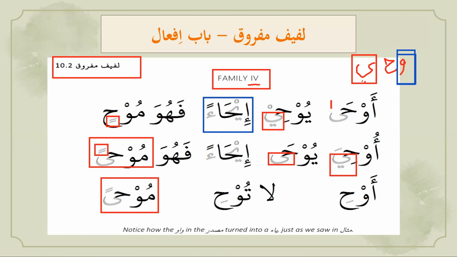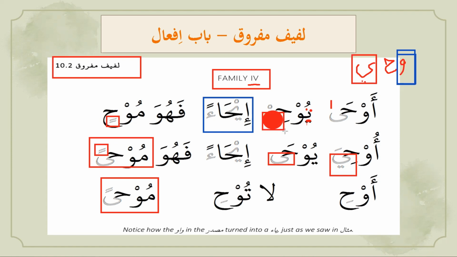Okay, and the command form is also according to the naqis words, in which the last weak letter is dropped to make it lightest. So suppose this is tuhi, instead of yuhi, this is tuhi, anta form. So to make it lightest, in the anta form we need to remove the weak letter.